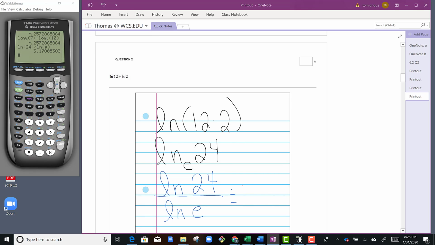I don't think the directions say exactly what to round to, but as a general rule, 3 decimal places is good. And then we can check the answer. If we type in the original problem, the natural log of 12, close parenthesis, plus the natural log of 2, close parenthesis, we get that exact same decimal.